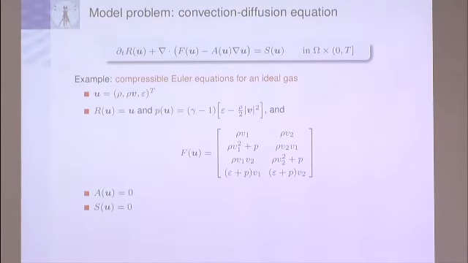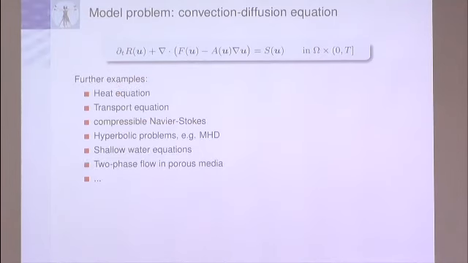So that's one toy problem I've looked at a lot. And there are a couple of other problems we cast into this framework, and we applied our DG methods for. Like transport equations, of course compressible Navier-Stokes, MHD would work, shallow water equations, two-phase flow and porous media.